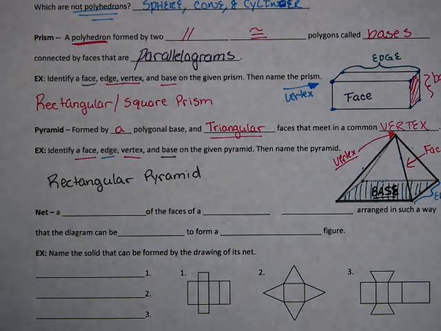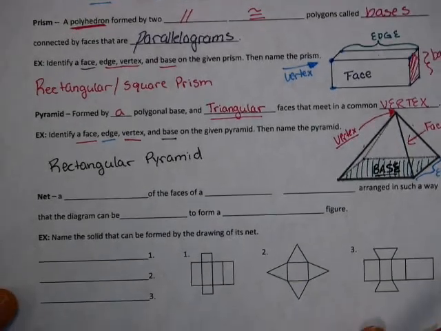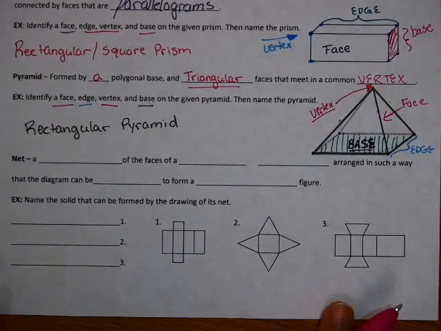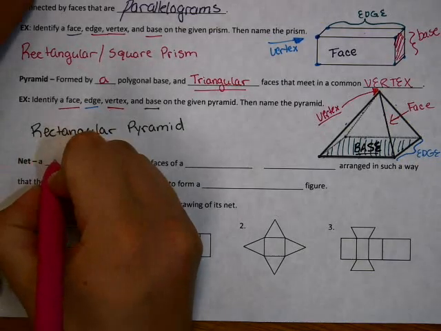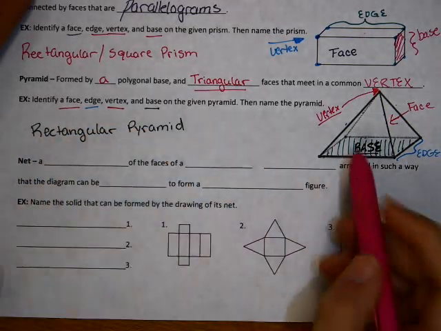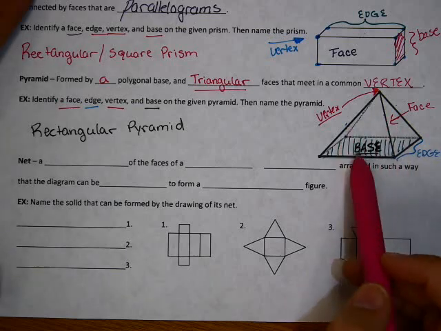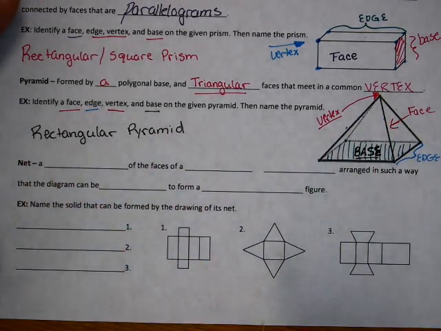Now, part of this unit is taking these solids and being able to unfold them and fold them back together and match what type of solid they are given two different pictures. So if we unfold it, we call this a net. So a net is the unfolded part of this. Let's say this is unfolded. We unfold it. We get what's called a net.